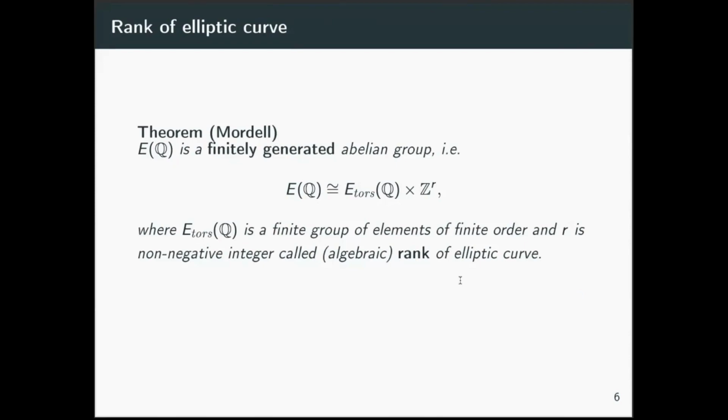If the rank is greater than 0, then the curve has infinitely many points. Now we can say that in this previous example, the rank of Diophantus's curve is 2 because we have those two generators which generate 2 copies of Z. In that case, we don't have points of finite order over Q.